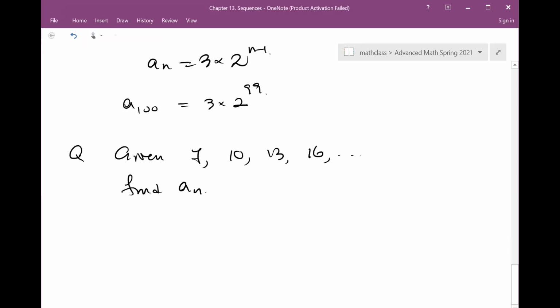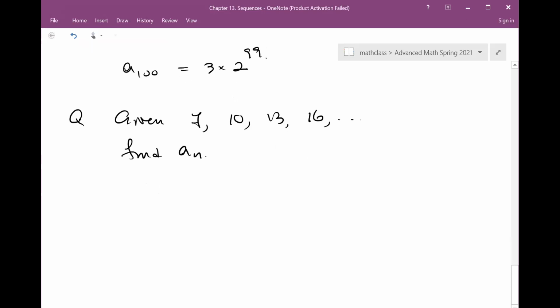All right, let me finish this. The increment each time is 3, right? So you can do it like this, but you have to figure out how many terms. This is A1, this is A2, A3, right?